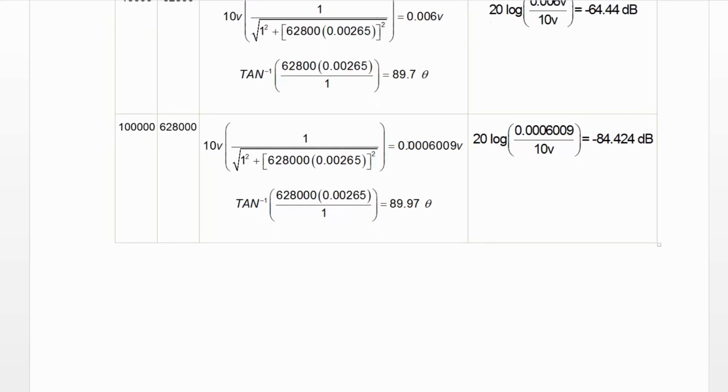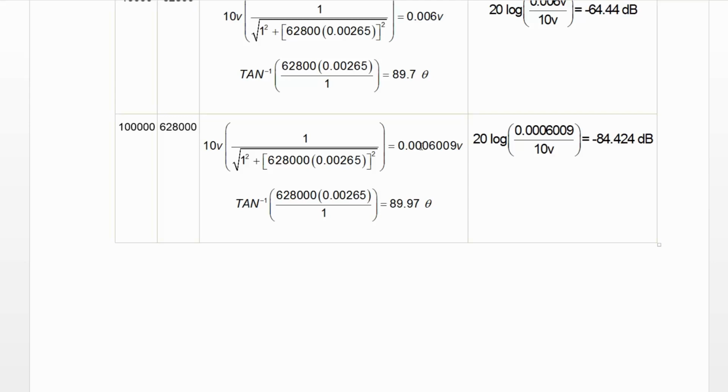The frequency is so high that the capacitor looks like a short circuit. As the frequency increases, the capacitor looks more and more like a short circuit, and you're shorting out the voltage. The current just drains to ground, and you don't produce any voltage out to your load resistor, which is going to your controller for the signal.